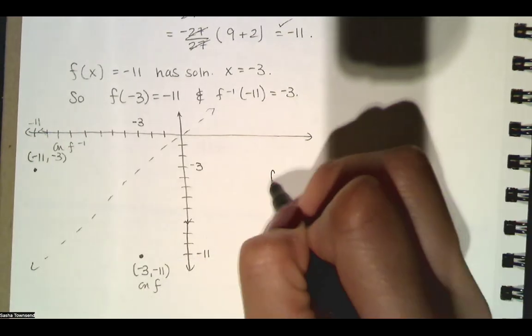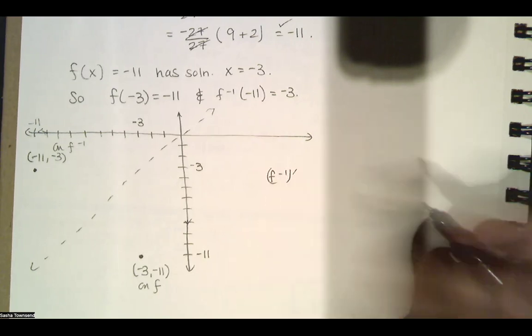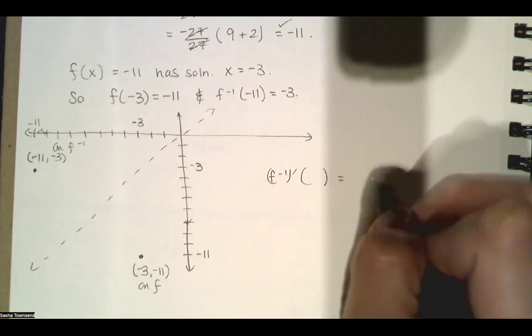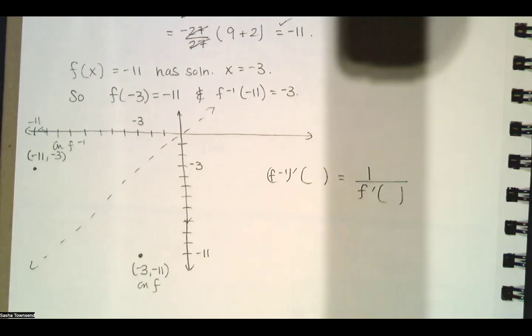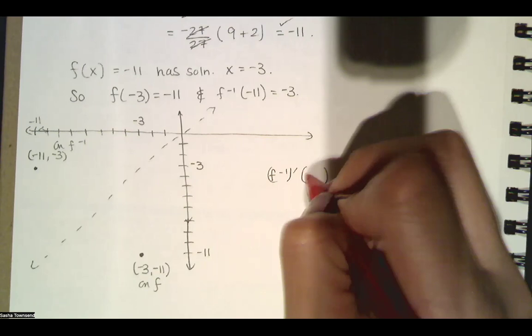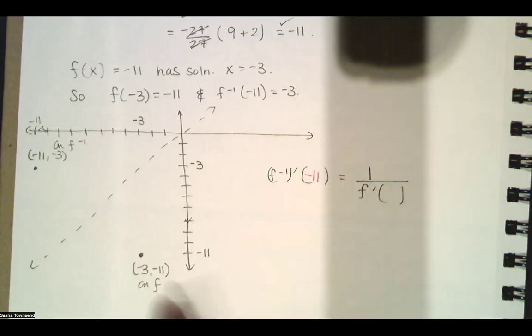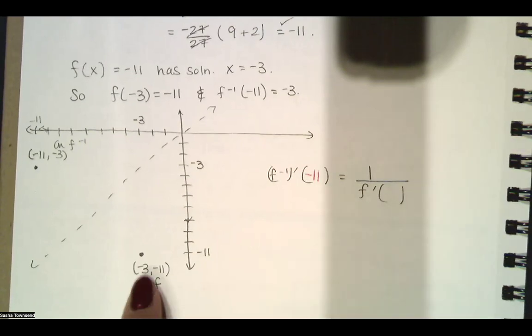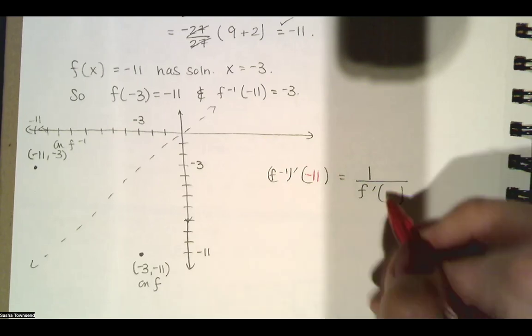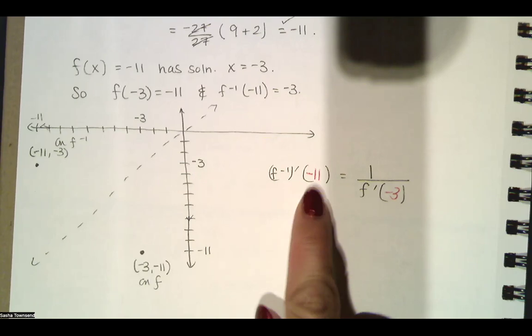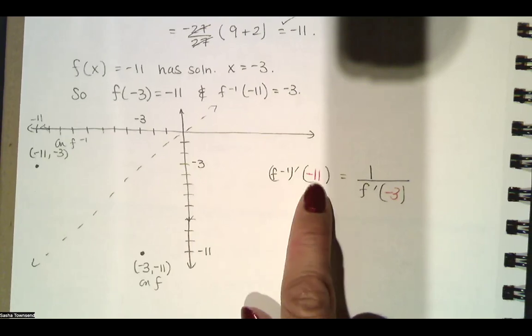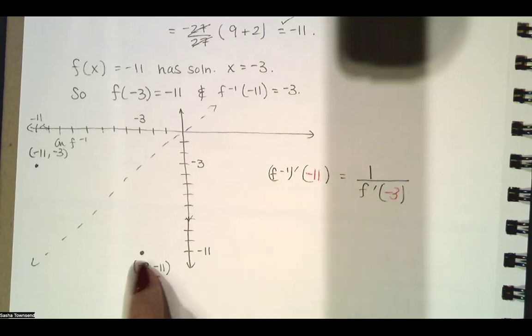Okay. So I want the derivative of f inverse at -11. In order to find that, I look at the derivative of f at -3. So I say, well, what is the x value that goes with this y value on the original graph?